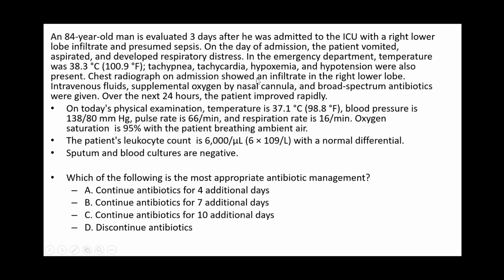The chest radiograph on admission showed an infiltrate in the right lower lobe. They're giving IV fluids, oxygen, and broad spectrum antibiotics. In 24 hours, the patient rapidly improved. On physical exam now, everything is normal and the white count is normal. Sputum and blood cultures are negative. Which of the following is the most appropriate antibiotic management?